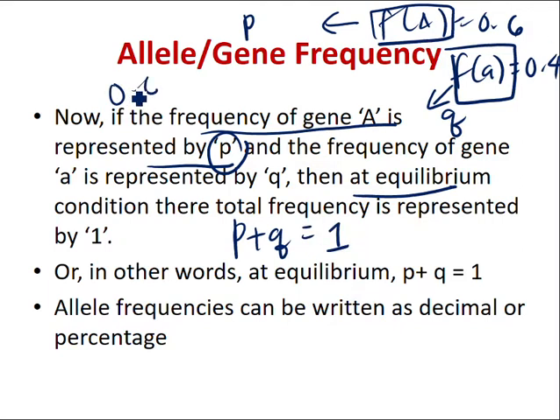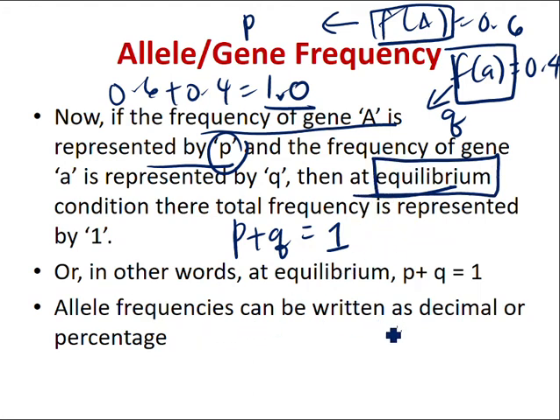If you add 0.6 and 0.4, you get 1. Equilibrium must be 1.